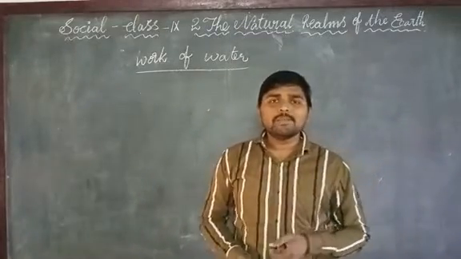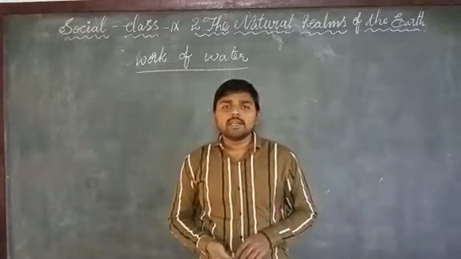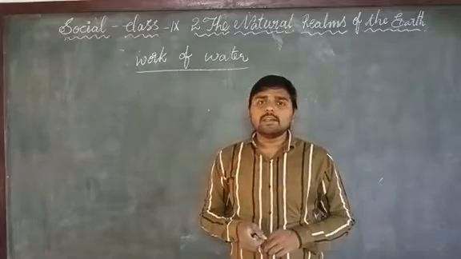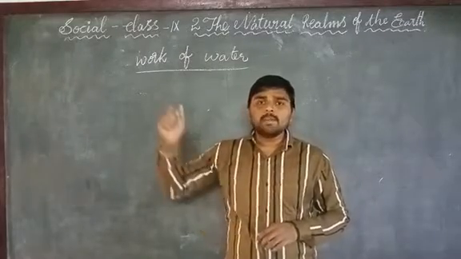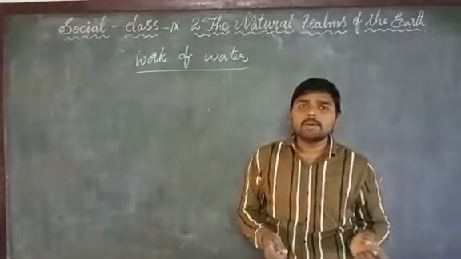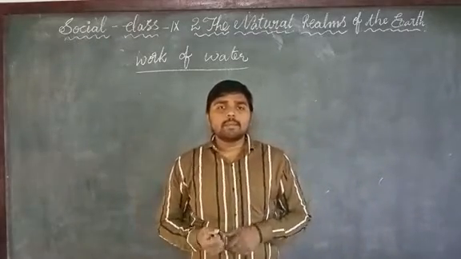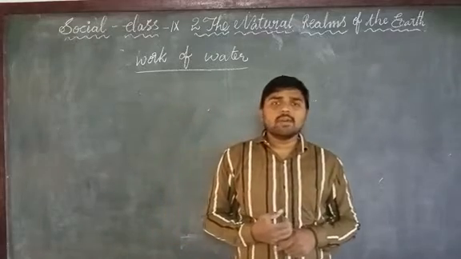Whenever a stream of water flows from the top of the mountains to the bottom of the mountains, it generally carries some pebbles and gravels along with the stream flow.